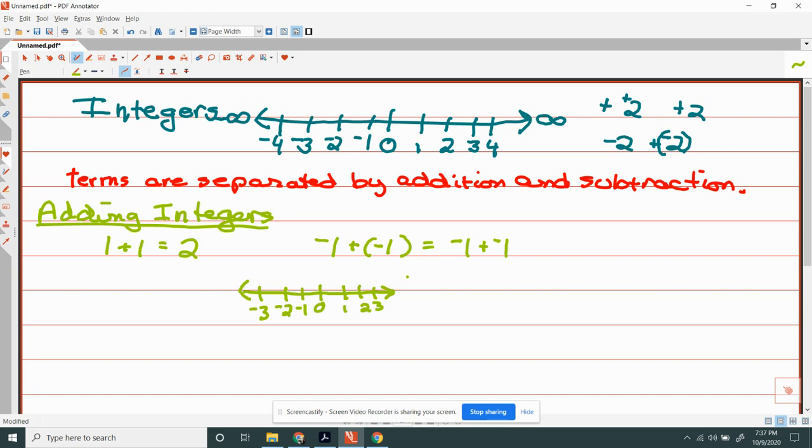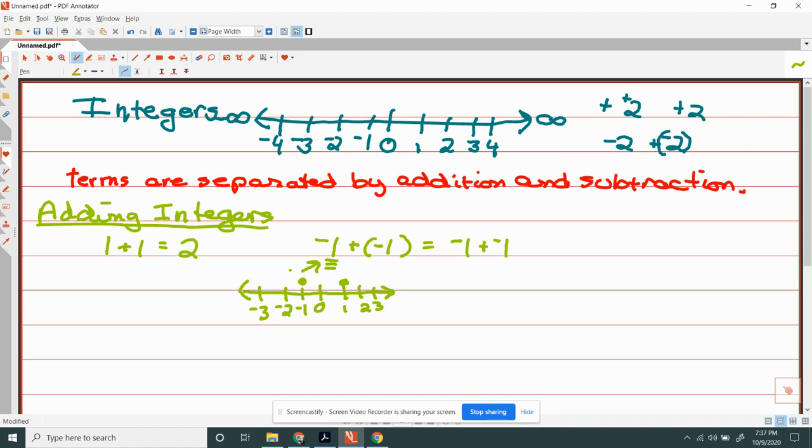Okay. If we're starting out with 1, this is where we are. If we have negative 1, we're here. So here's our negative 1. If we want to add a negative 1, that is the same as subtracting 1.